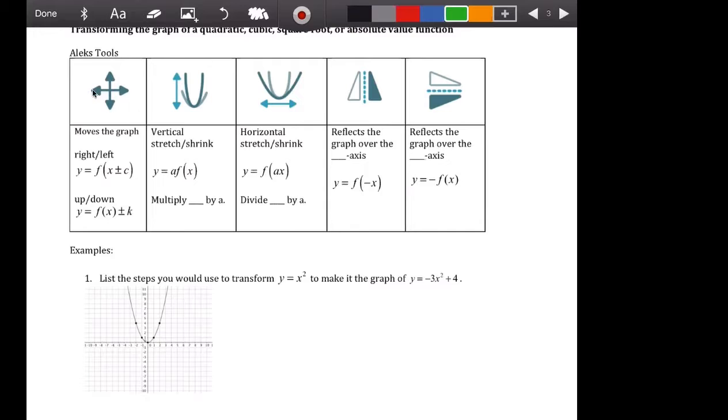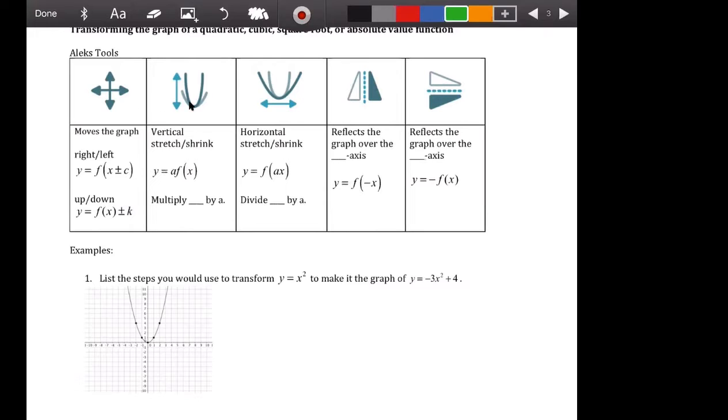This tool right here will move your graph right, left, up, or down. This tool will stretch or shrink vertically. This tool will stretch or shrink horizontally. This tool will reflect over one axis, and this tool will reflect over the other axis.